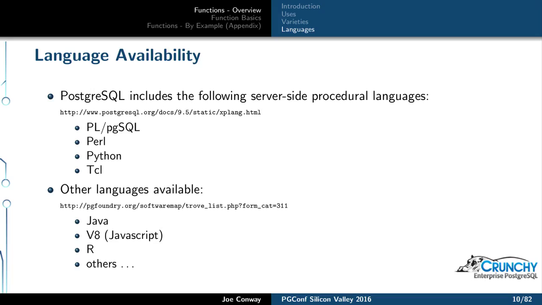The difference between a trusted procedural language and an untrusted procedural language may sound a little counterintuitive, but if you have an untrusted procedural language, you should not give access to create functions in that language to anyone who is not trusted. In other words, if it's an untrusted language, superusers can create functions, but normal users shouldn't. That's because an untrusted procedural language can reach out and do things on the operating system.